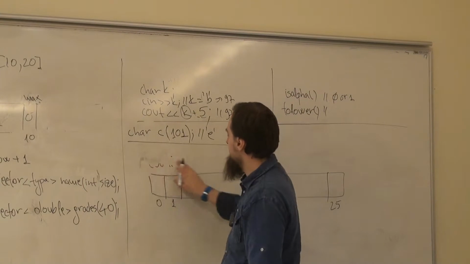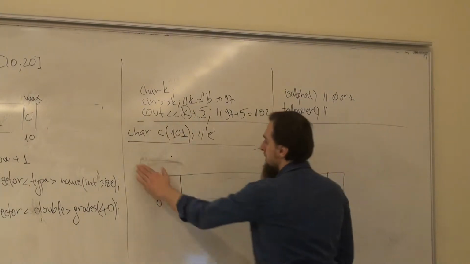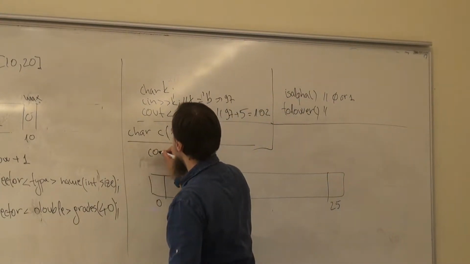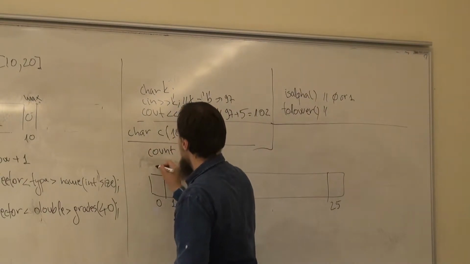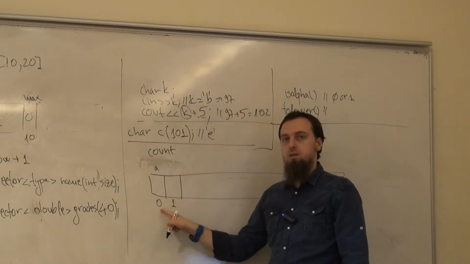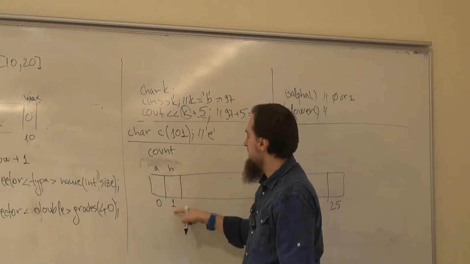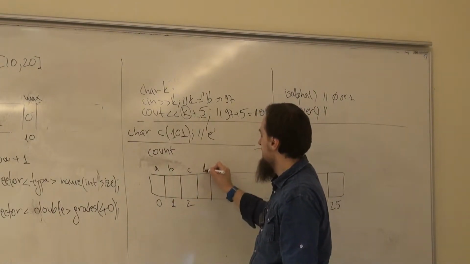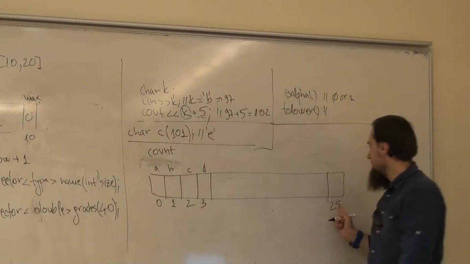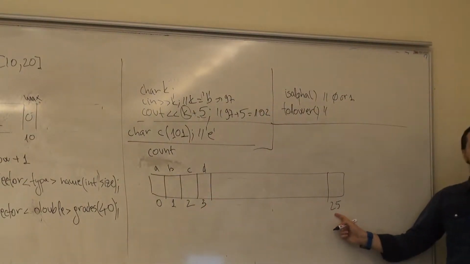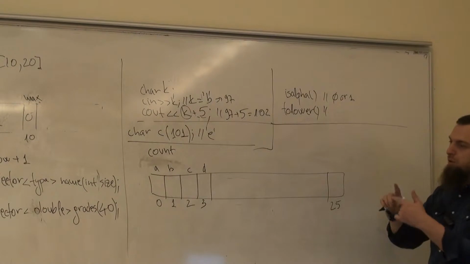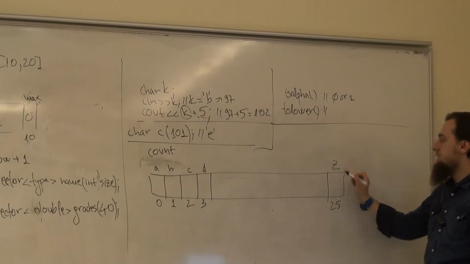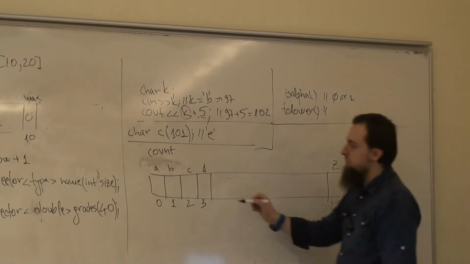So this is the vector count. I'll put A's in index 0, B's in index 1, C's in index 2, D's in index 3, and so on. So index 25 corresponds to which letter? W, X, Y, Z, yes, it's Z. Initially, of course, everything is 0.